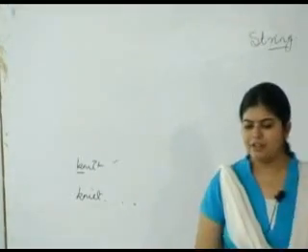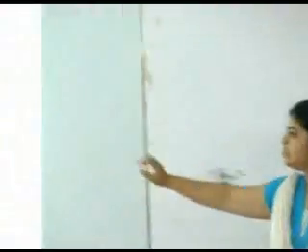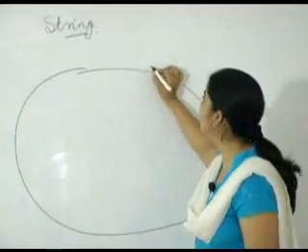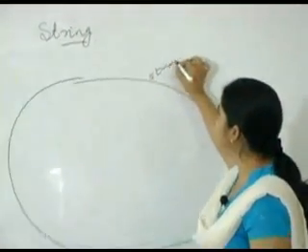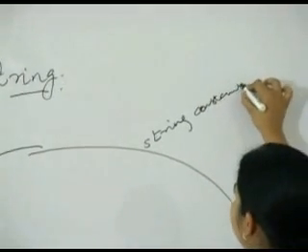Now here, when you are saying that it cannot be changed, how can you use your concat method on it? Now here, this is something called a string constant pool. Now listen very carefully. This is a very new concept.